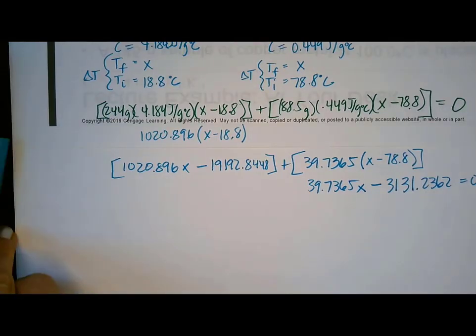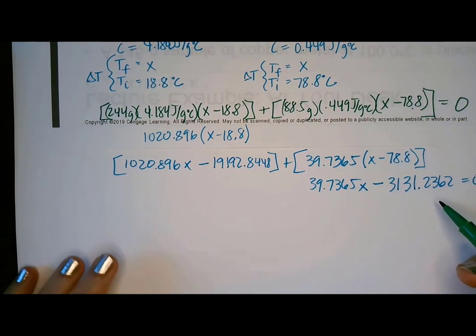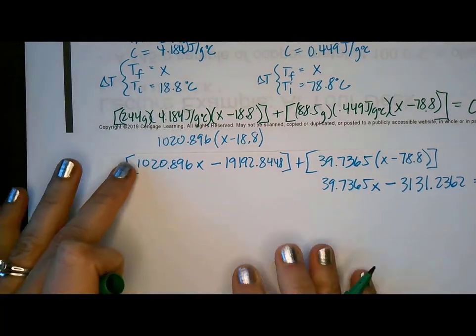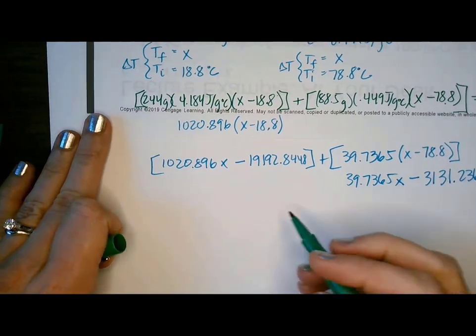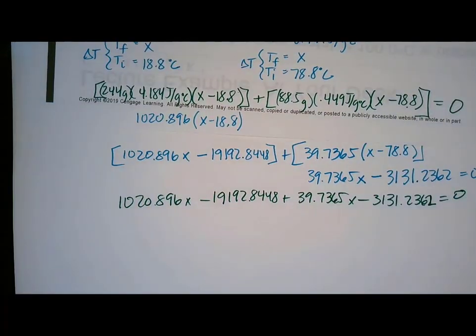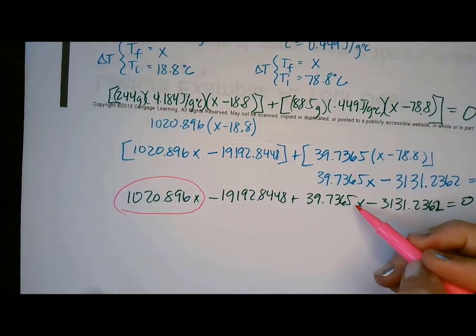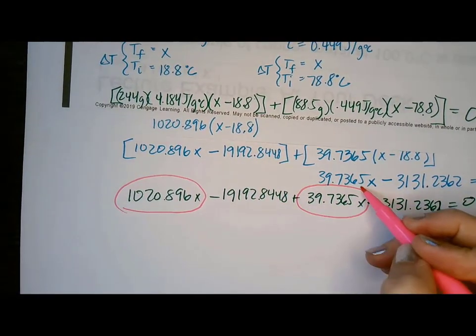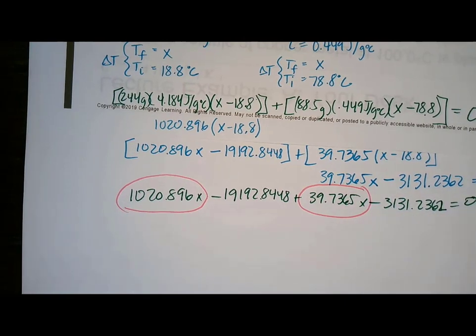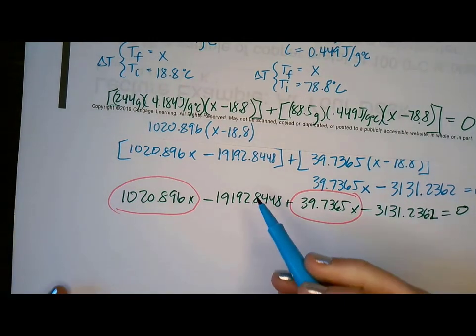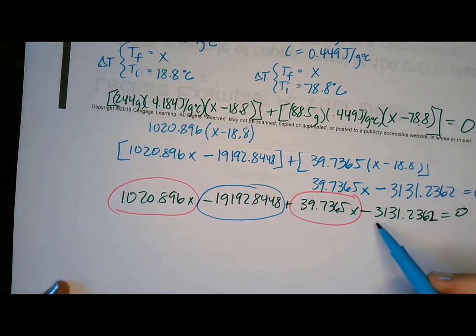All right, let's write this all out, because we've got a whole bunch of addings and subtractings, which we know we can combine like terms here. Notice that I've got some like terms. I've got X and I've got X. Let's combine those. And then I also have a number and a number.